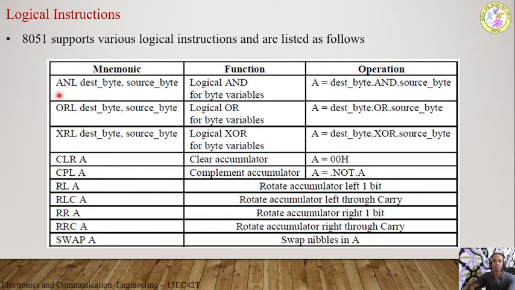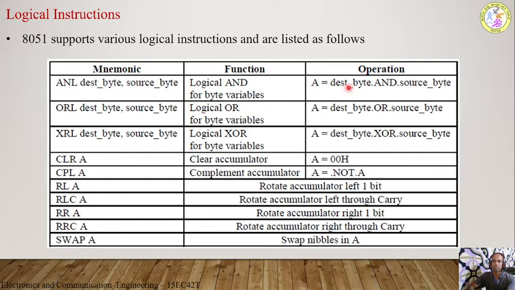As we have seen, ANL is the opcode we are going to use to perform the AND logical operation. So to perform the AND operation, the 8051 supports this instruction called ANL, AND logically. This instruction has a destination byte and a source byte. These two are called operands.